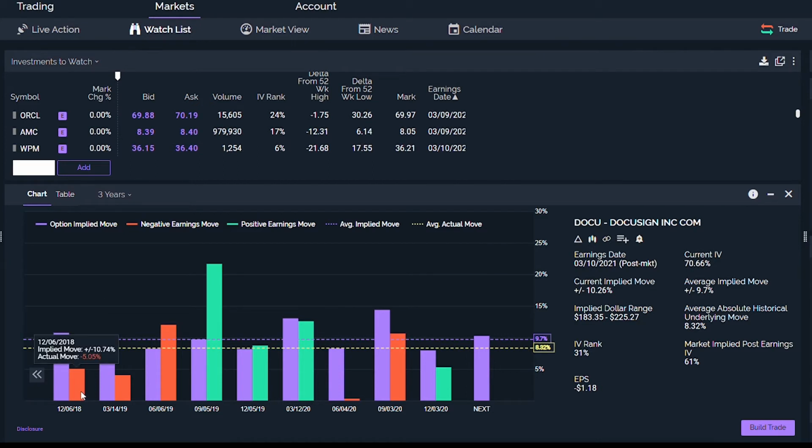If we look at the history of implied moves in earnings announcements before, if it's red, then there was a bad earnings announcement and it went down. And if it's green, the stock price went up. So what are we looking at here? We got 1, 2, 3, 4, 5 moves down, and then 1, 2, 3, 4 moves up.